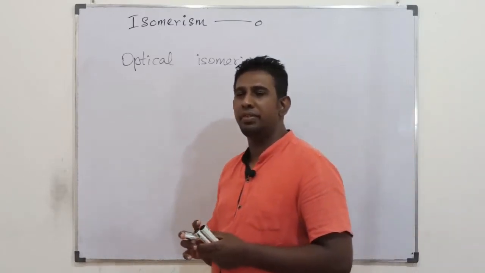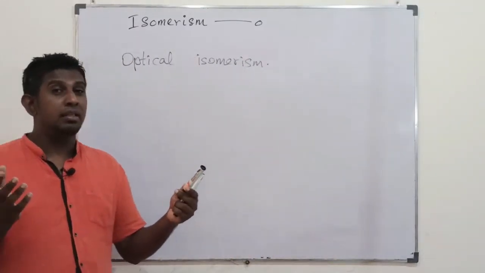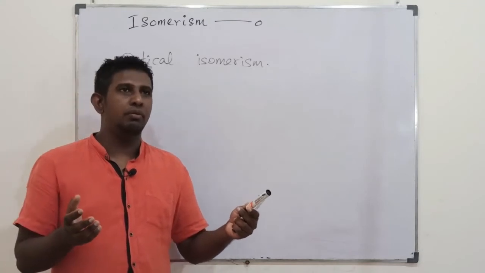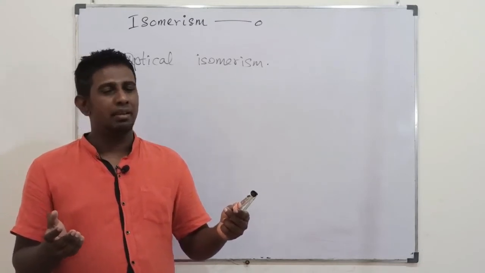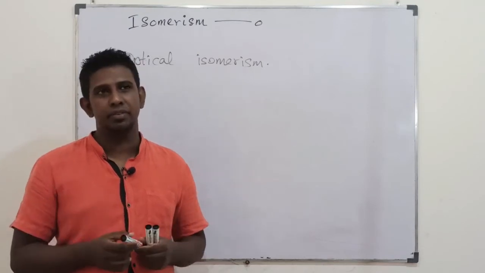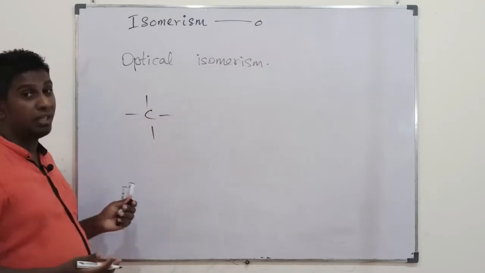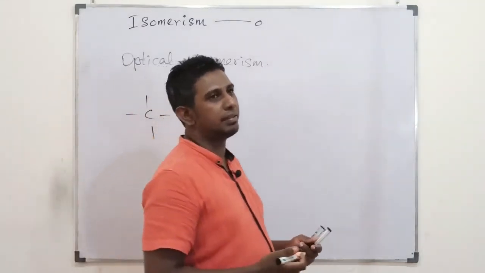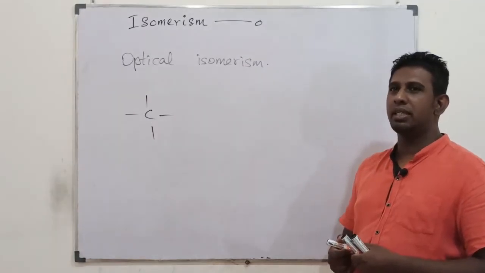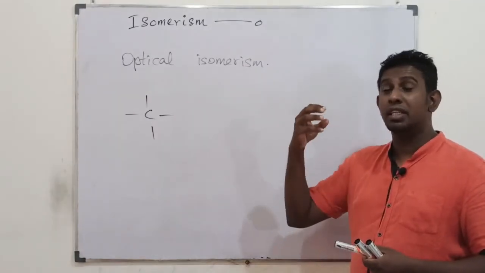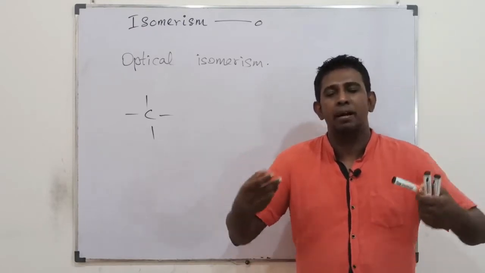So students, when you find an organic substance, or when you find let's say a carbon there within an organic substance having 4 bonds around it, means 4 single bonds around it. Let's say it's a structural formula.